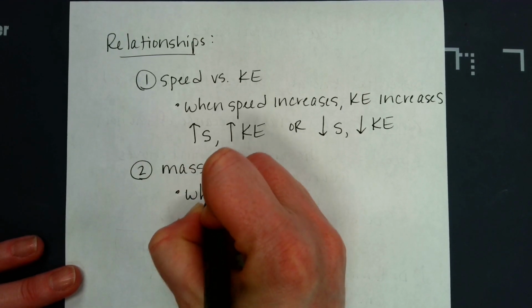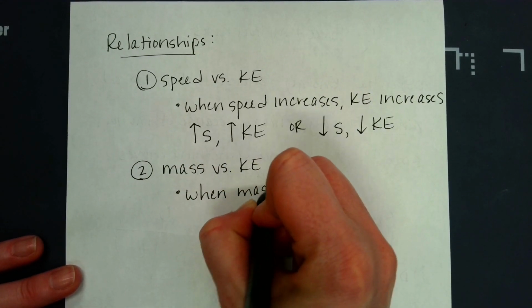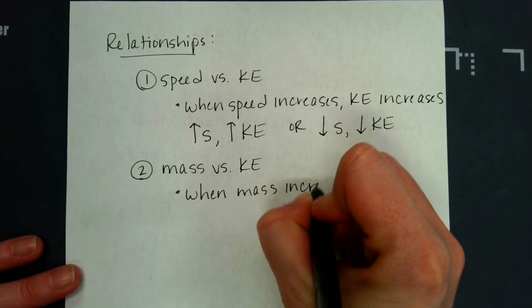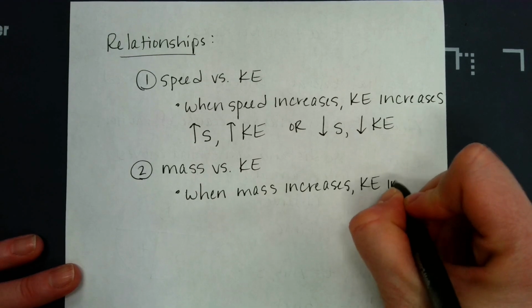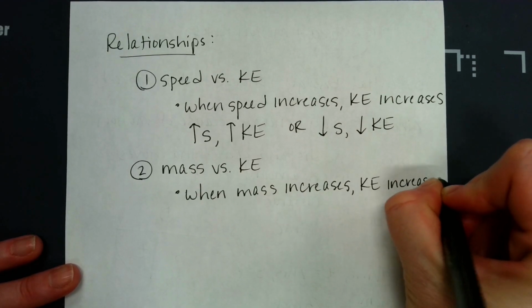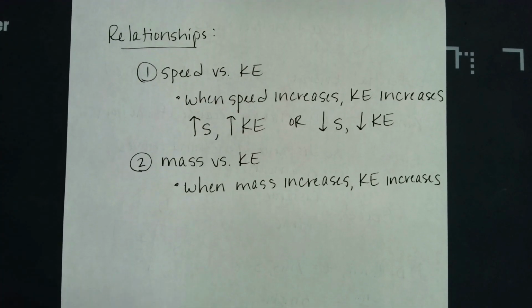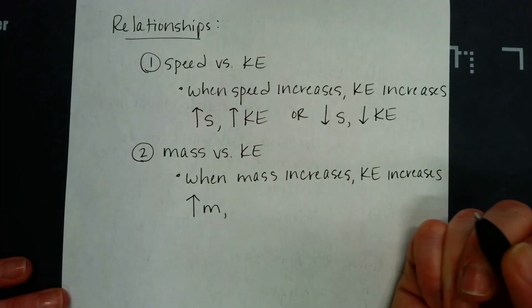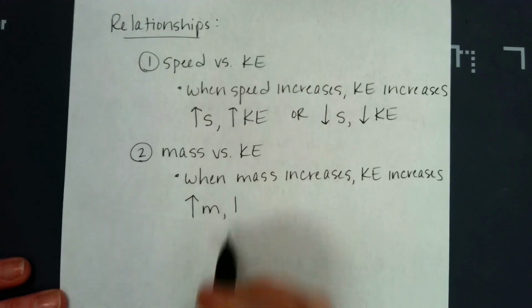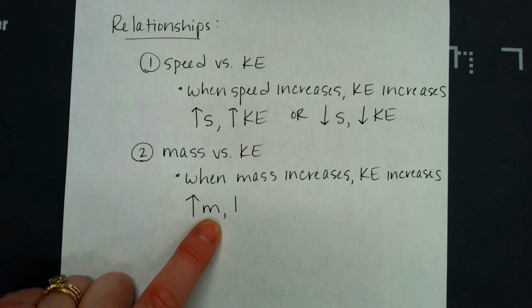So same thing. When mass increases, kinetic energy also increases. So if we did this with symbols, arrows, when mass goes up, mass is a lowercase m, by the way. That's a symbol.